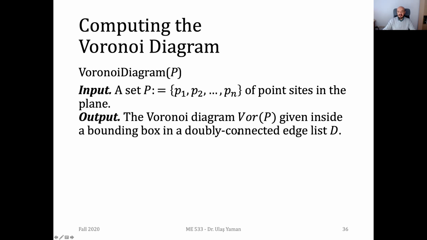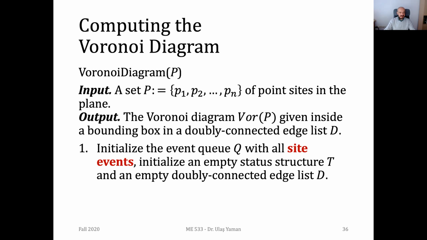We will assume that in this data structure, there are some special substructures where you can simply store edges, their relations with the vertices, and also the reverse of these edges in the opposite directions.